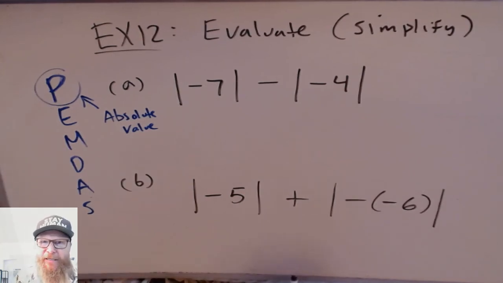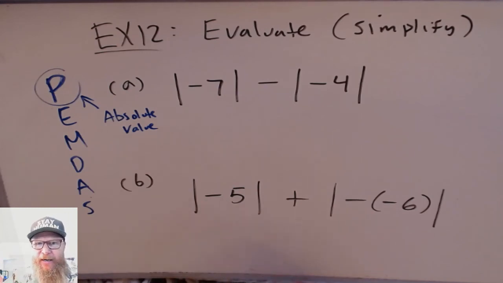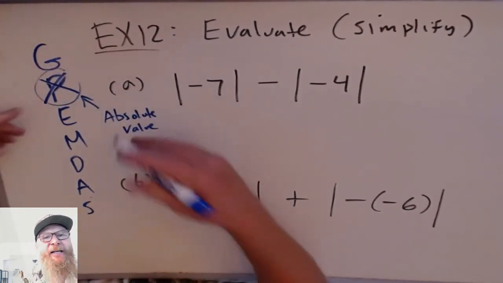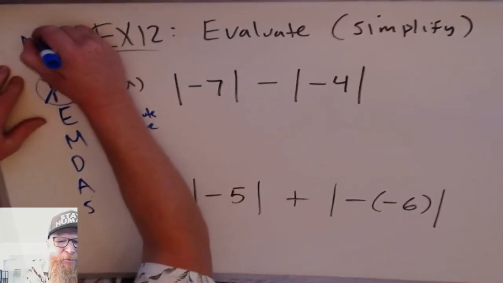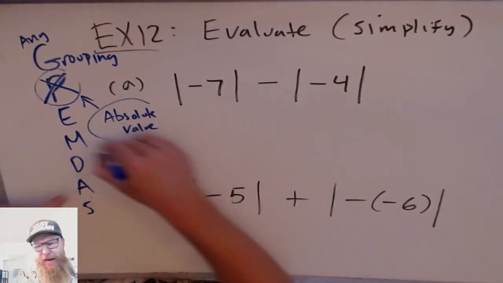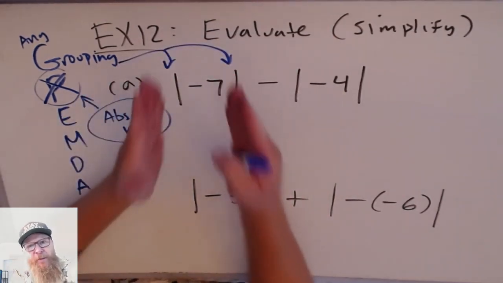Which is one of the reasons why in recent years, and our book doesn't do this, our book is still using the old-fashioned way, we often replace P with the letter G. G just stands for any grouping symbol. In particular, absolute value is a type of grouping symbol. In other words, we're grouping these together.